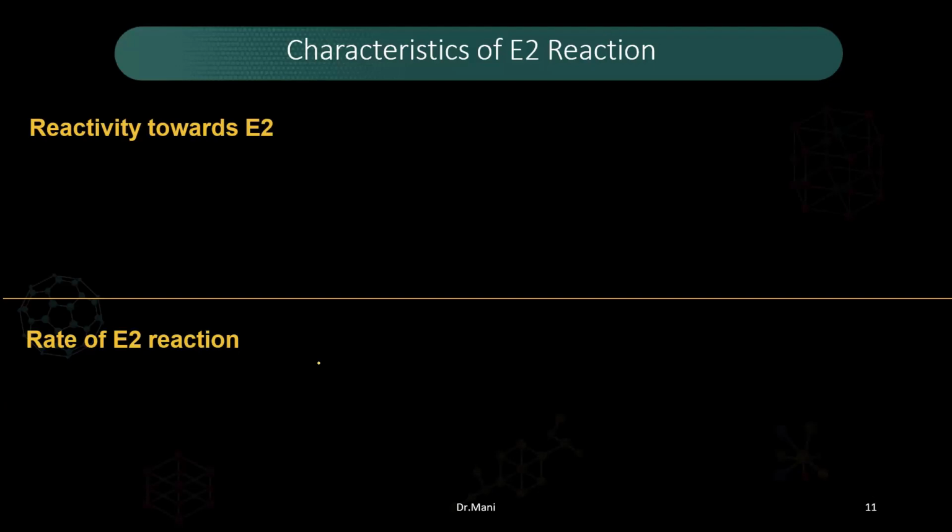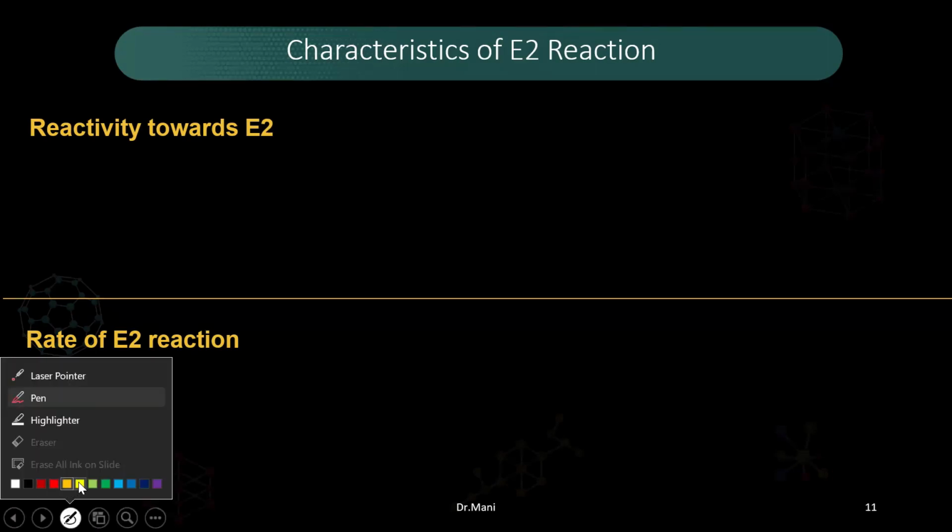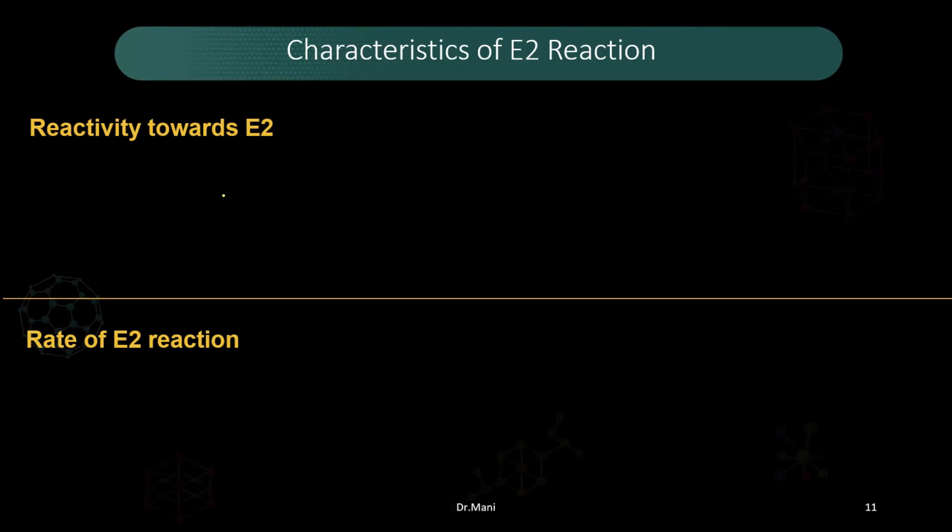Okay, fine. So, characteristics of the E2 reaction. Remember reactivity towards E2. Suppose you take the halogens, so alkyl halides: RI is greater than RBr, is greater than RCl, is greater than RF. So remember this. Fluorine, chlorine, bromine, iodine.